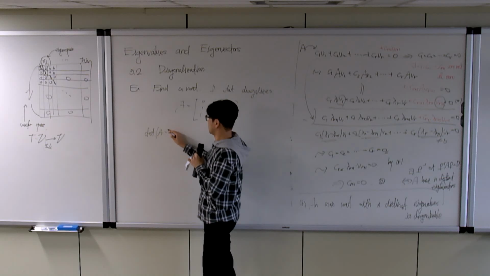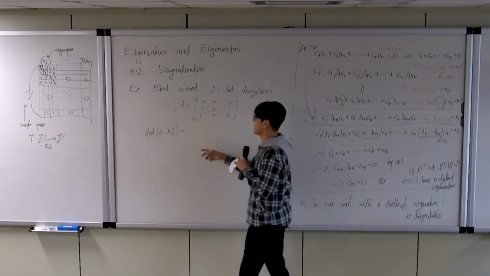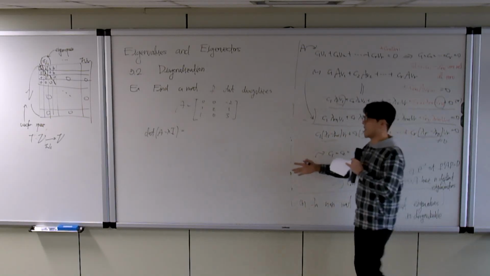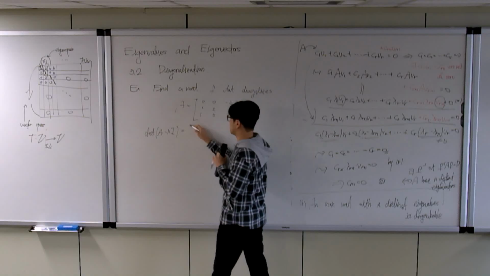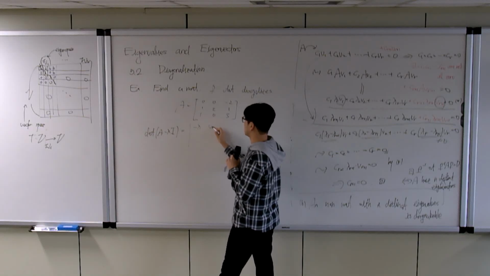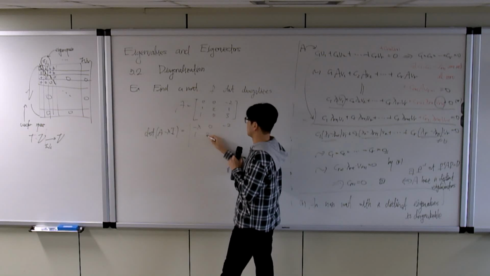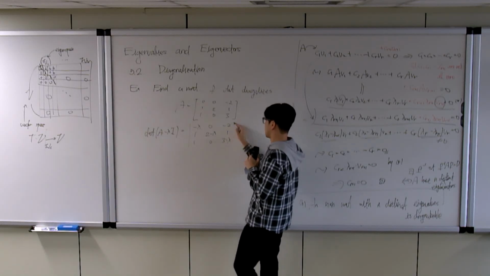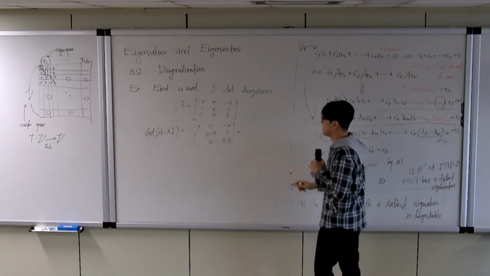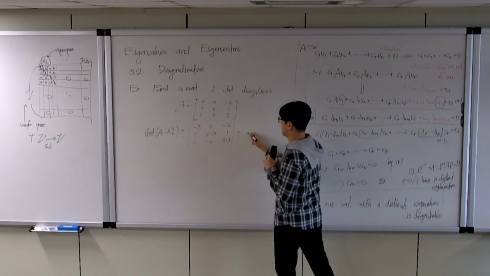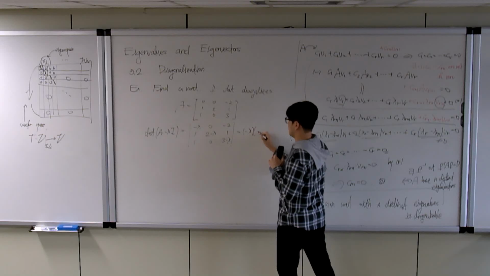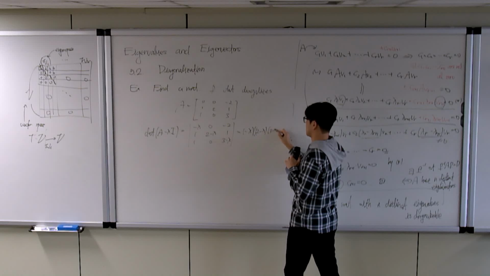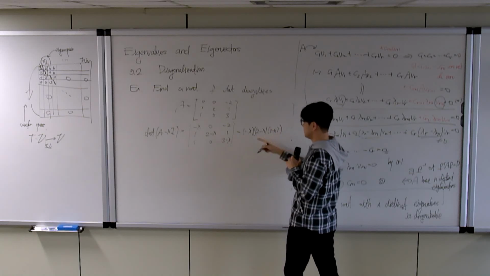It would be 0, so lambda equals 1 is an eigenvalue of the matrix A. So we divide by lambda minus 1, and if you divide it, I will calculate it. Minus 5 lambda square plus 8 lambda minus 4. Not good at calculation.